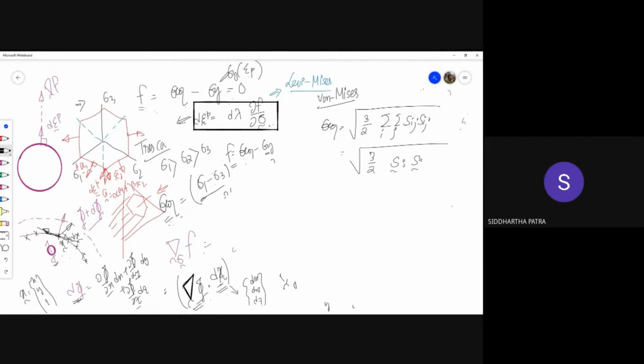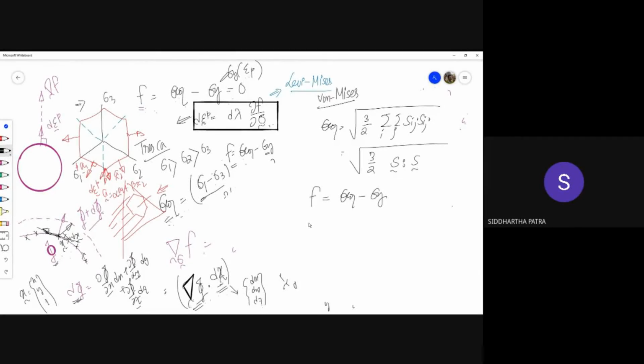We are not using the principal coordinates. Of course, we can use principal coordinates, but we will be using the general Cartesian coordinates. So f is as we represented, sigma equivalent minus sigma y.